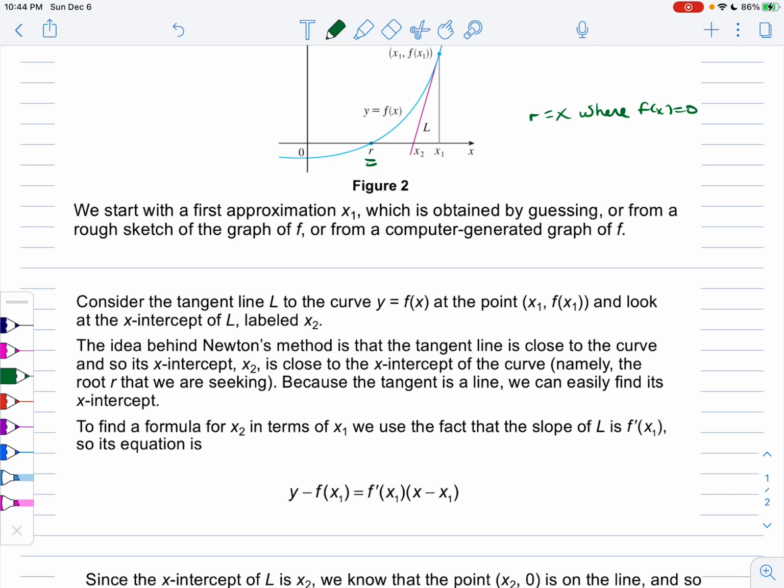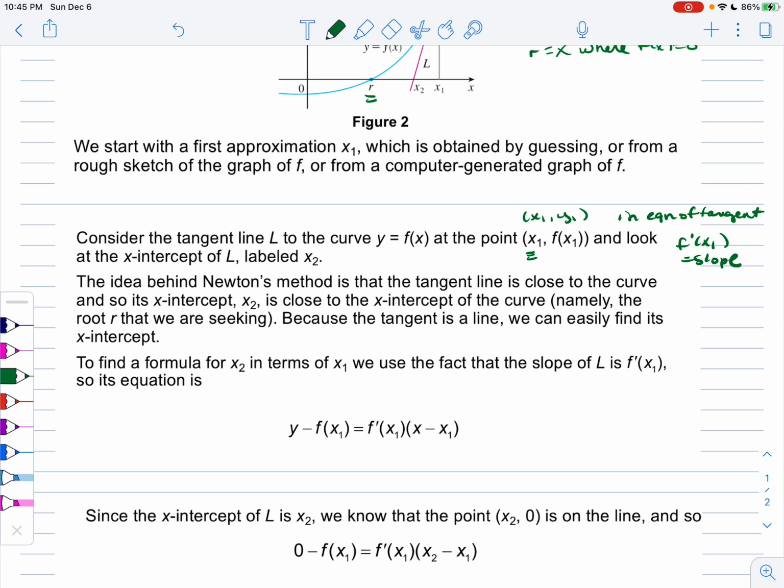Sometimes we might want to use a graphing calculator to get a first approximation. So we start with that value x sub 1. And of course, f of x sub 1 would be the y output for our function, and this would be our x1, y1 in the equation of the tangent line. And we know that f prime of x sub 1 would be the slope.